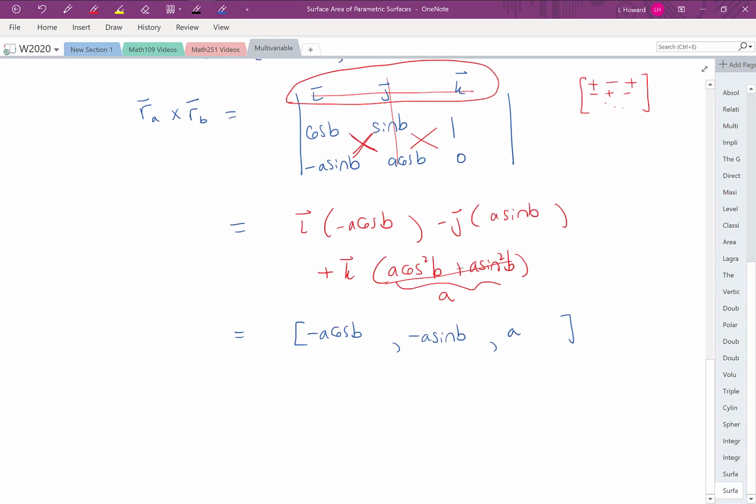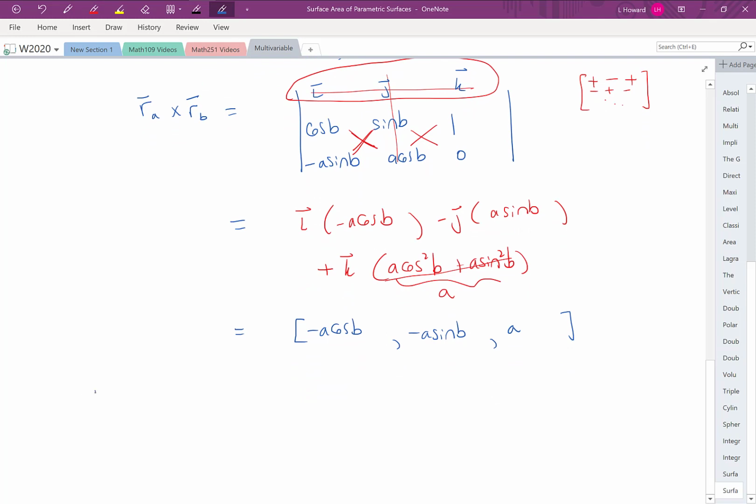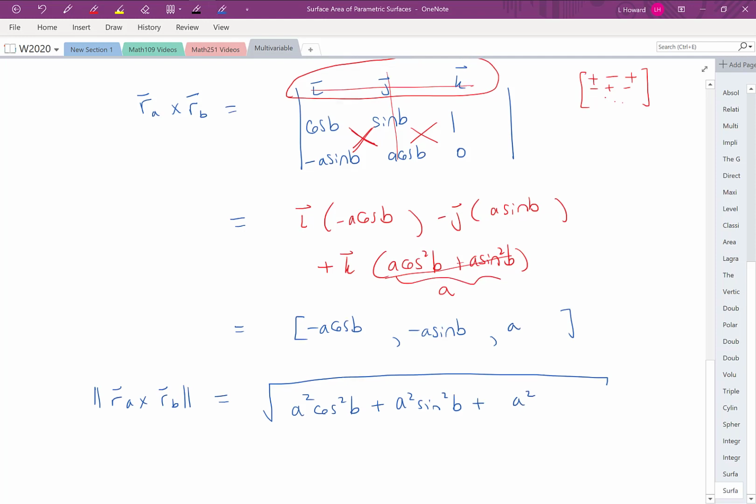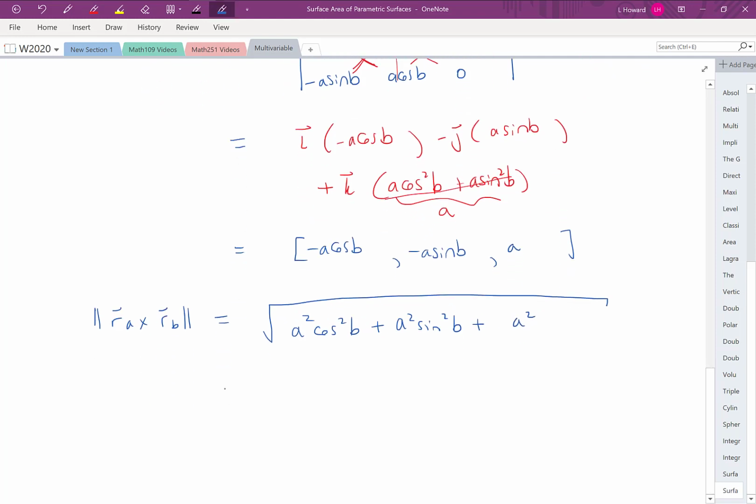So our goal now is to calculate the length of this vector, and that's going to be our integrand for computing our surface area. For the length, we're going to take the square root and square each of our components. So we'd have a squared cos squared b plus a squared sine squared b plus a squared. Let's see if we can do some simplifying here.